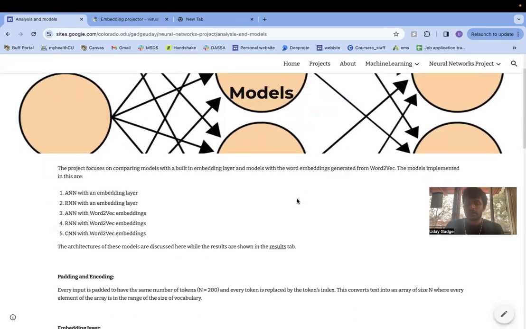The next thing that is done in this project is doing a comparative study of neural networks in the case of classification. Because the focus is on the Word2Vec embeddings that are generated, the project compares the models that are built around these Word2Vec embeddings and a more standard approach, which is building an embedding layer within a neural network.